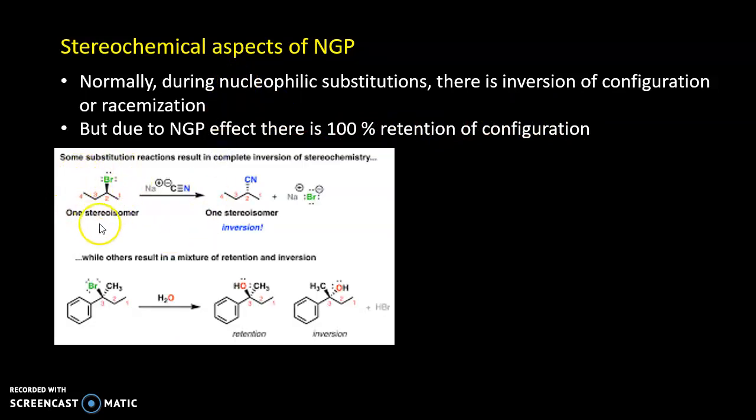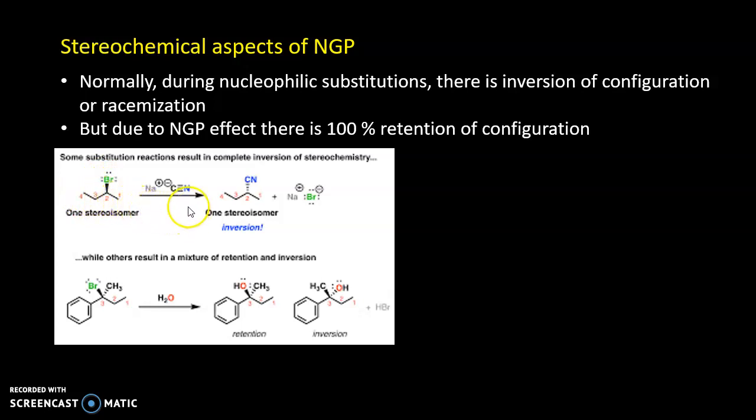Now I will take an example and explain this. Okay, see this starting material. It is CH3CH2CH(Br)CH3. Okay, so the numbering is from this side 1, 2, 3, 4. So at carbon 2 there is a bromine group, and you see here there is no neighboring group.